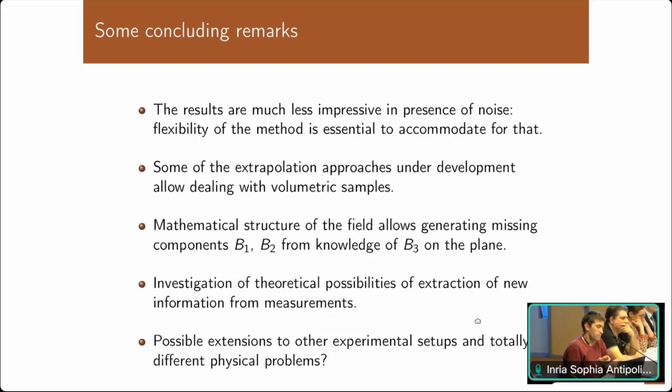So from knowledge of one component of the field on a portion of the plane, we can obtain all three components everywhere, in an idealistic setting. Of course, when we have noise, there is some limit to this. We cannot start with something that is contaminated by 50% noise and obtain everything clean and nice. So there is a call to investigate what is theoretically possible with this.